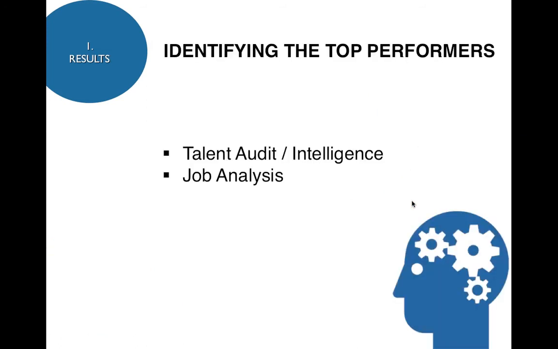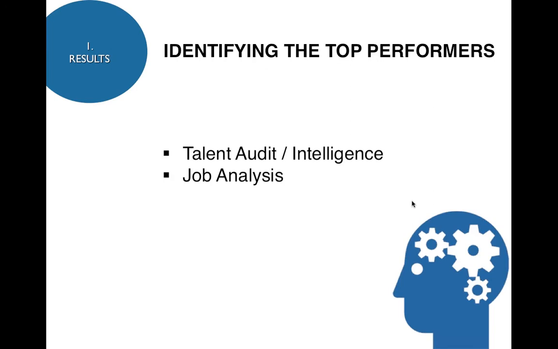Now, the first thing in identifying the top performers, there's a couple of processes that we go through, such as a talent audit or intelligence, whereby you conduct an analysis of your critical people that will be meeting your critical business results based on the importance of the organization and the industry that you are in.